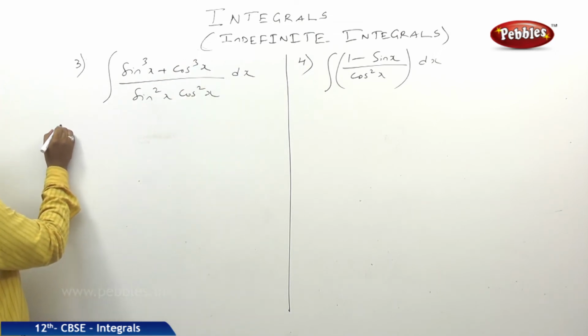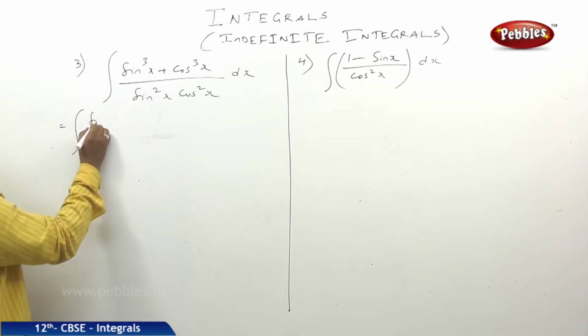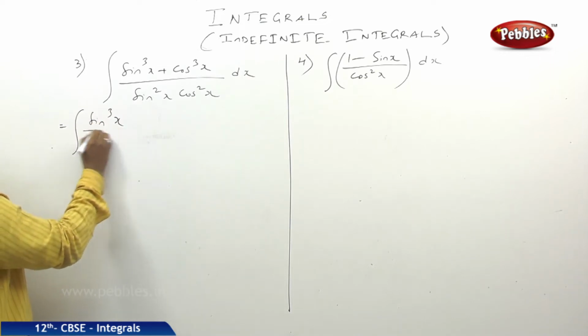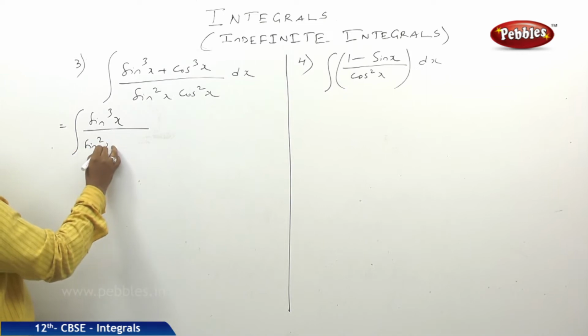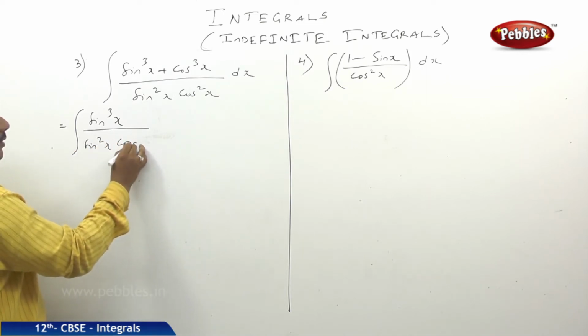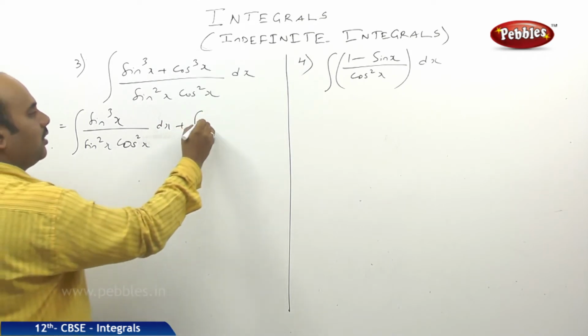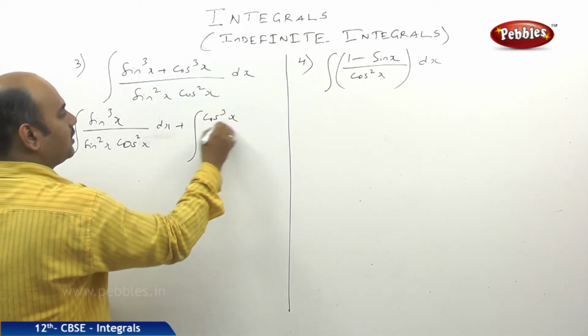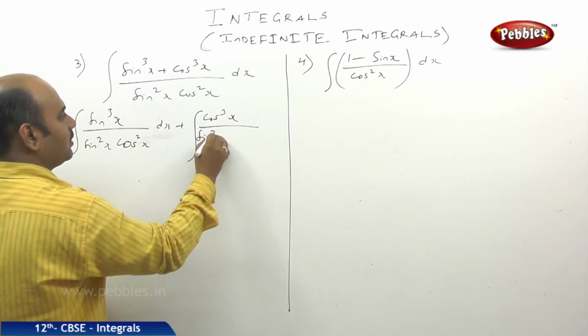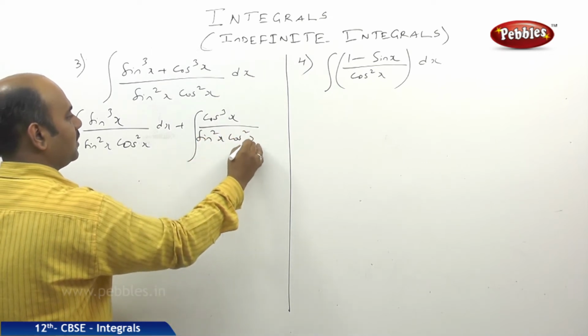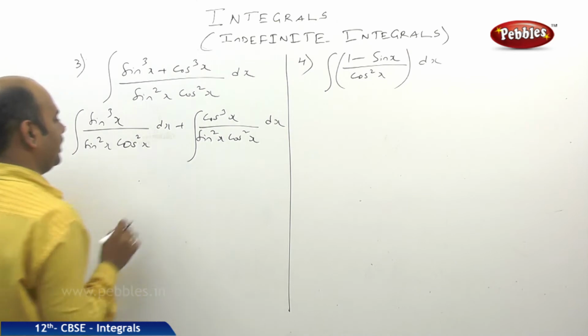So finally what happens, that is equal to, I'll be writing it as sine cube x divided by sine square x cos square x dx plus again integral of cos cube x divided by sine square x and cos square x dx.